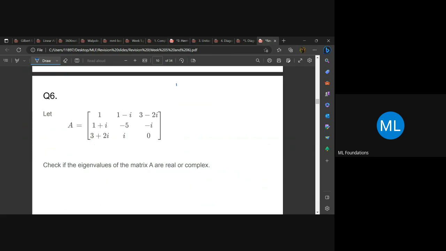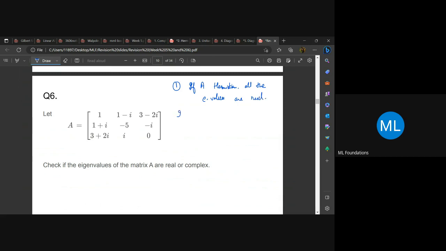So the first thing is, if A is Hermitian, all the eigenvalues are real.